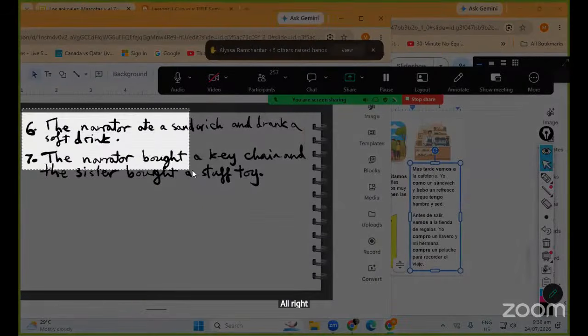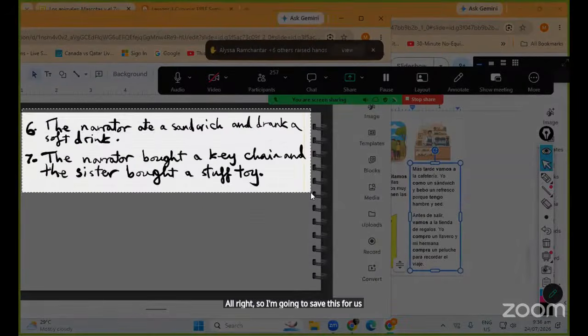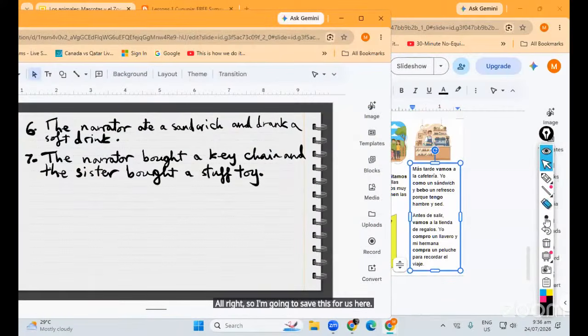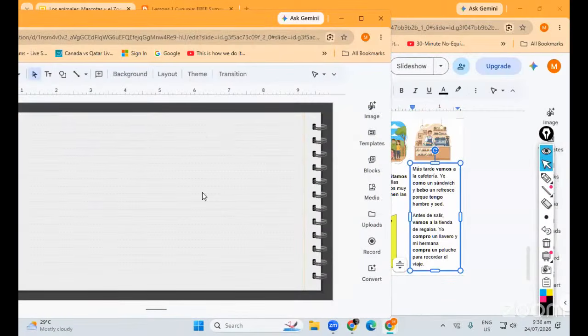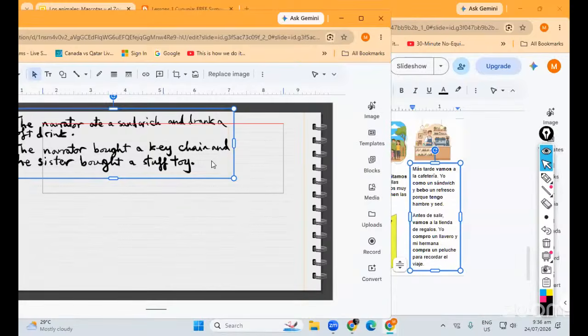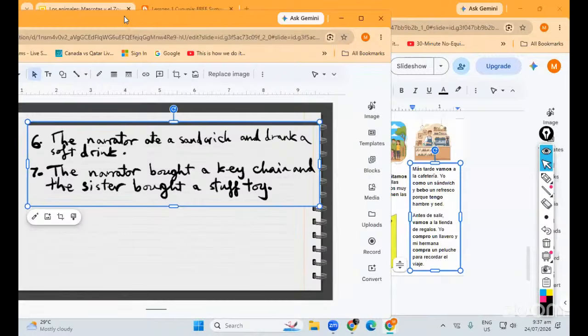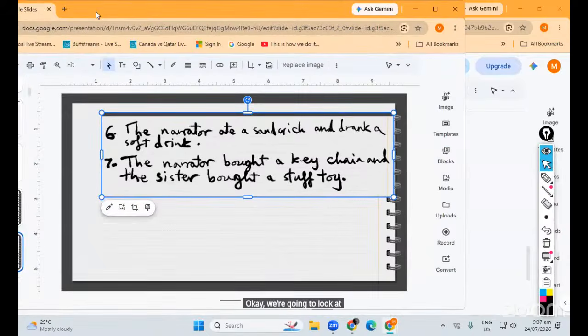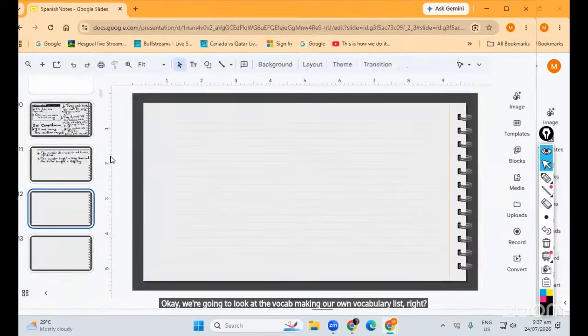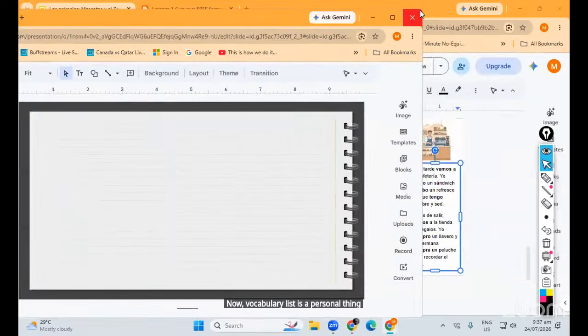All right, so I'm gonna save this for us here. Okay, we're gonna look at making our own vocabulary list, right? Now, a vocabulary list is a personal thing in the sense that people know different words, right?